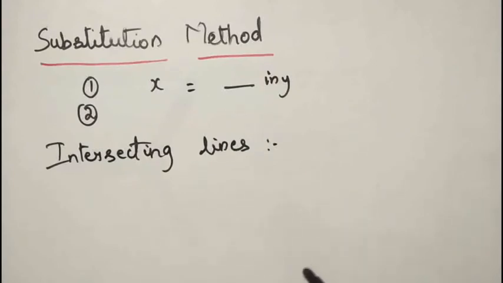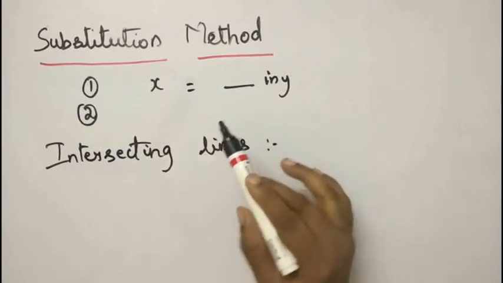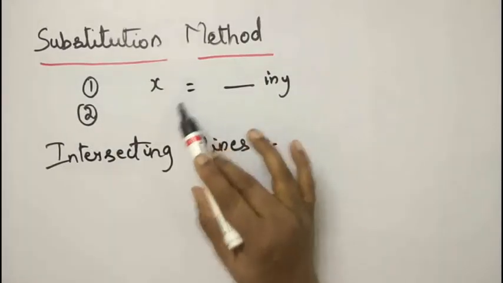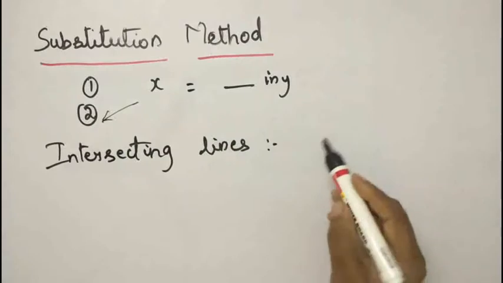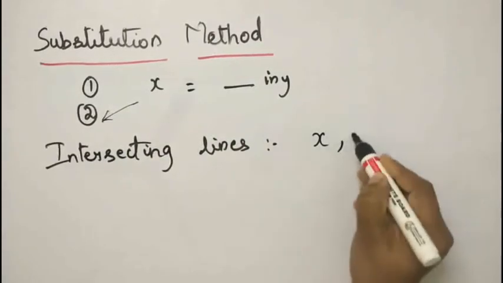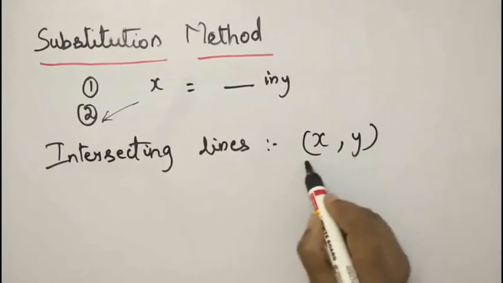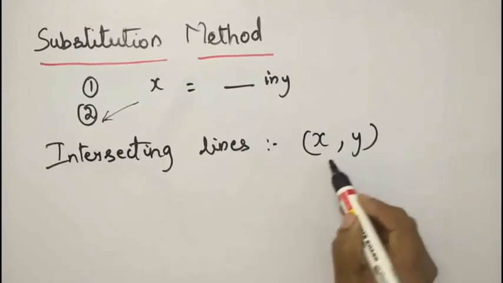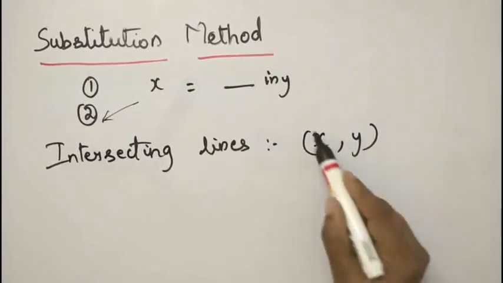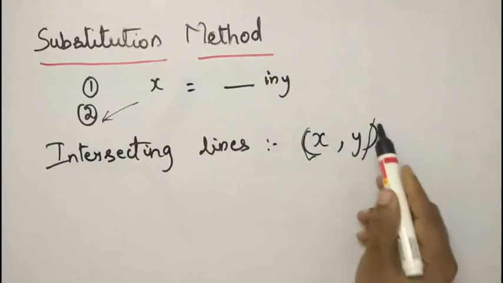We have the condition, right? The ratio a1 by a2 not equal to b1 by b2. In that case, when the two equations are intersecting lines, after substituting the value of x in equation 2, you will get the values of x and y, because they will have one unique solution. So definitely you will get the value of x as well as the value of y.